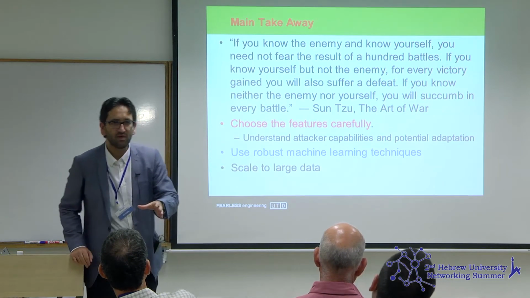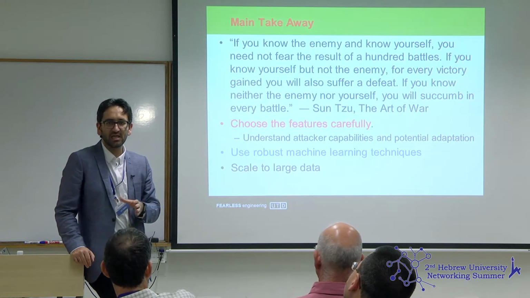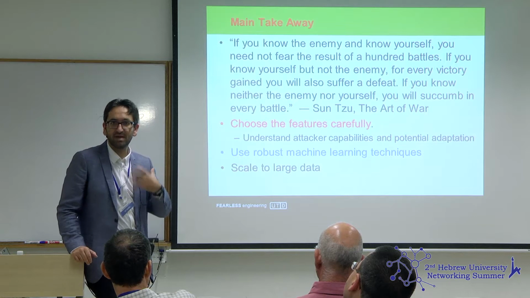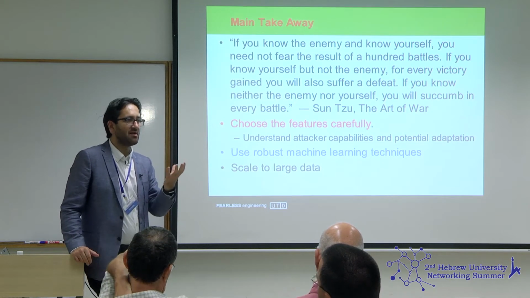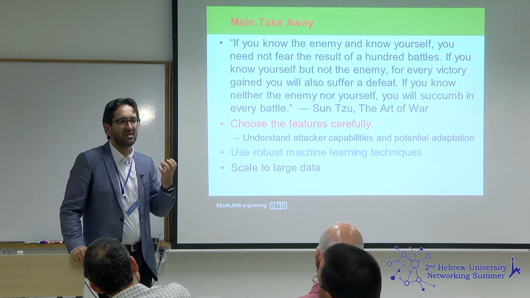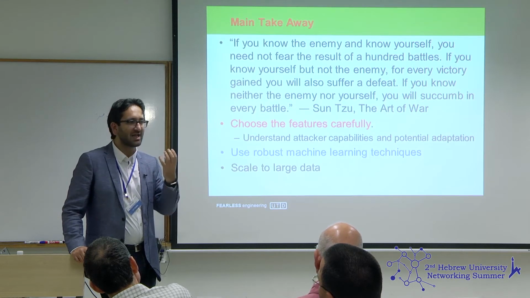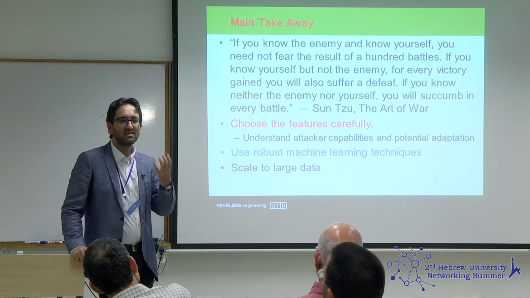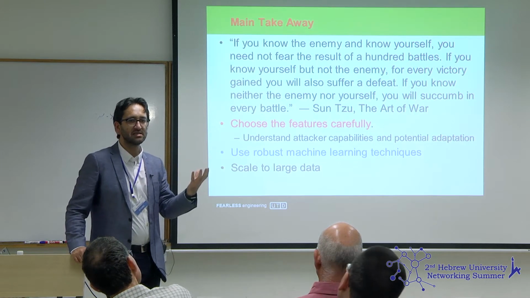The malware example I was giving: any malware detection technique that, according to these results, at least my interpretation of these results, looks just at the binary itself will be broken sooner or later, because you can come up with a way to make the binary look like a legitimate binary by using many obfuscation techniques.